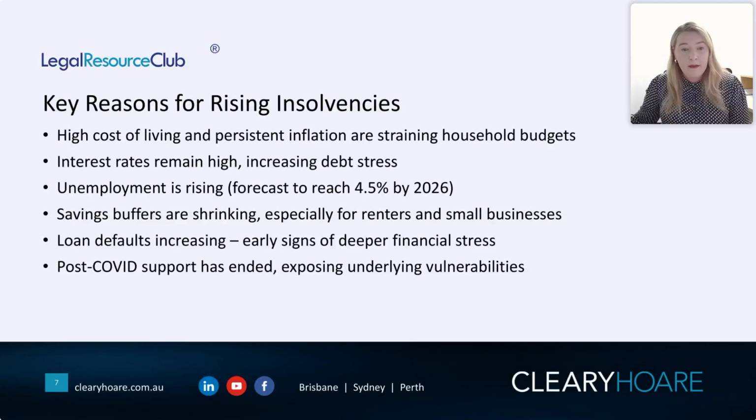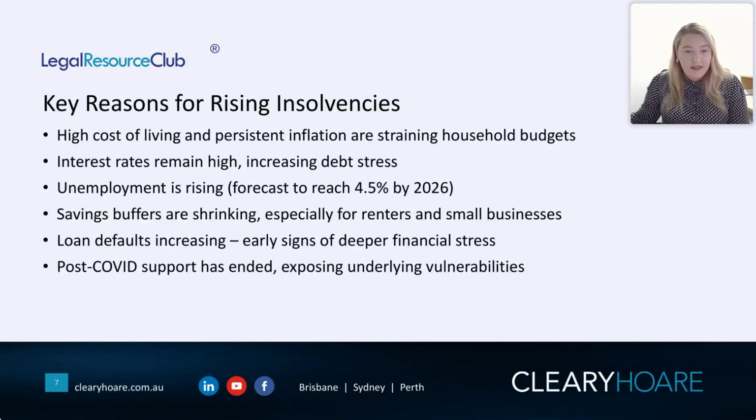Another reason would be increase in unemployment. It's projected to reach 4.5% by next year. Because of the issues with cost of living, we've got people's savings balances declining, especially where people are renting their homes or where they're carrying on a small business. We're seeing increasing cases of people defaulting on their loans, which is a sign of deeper financial stress that they may be experiencing.